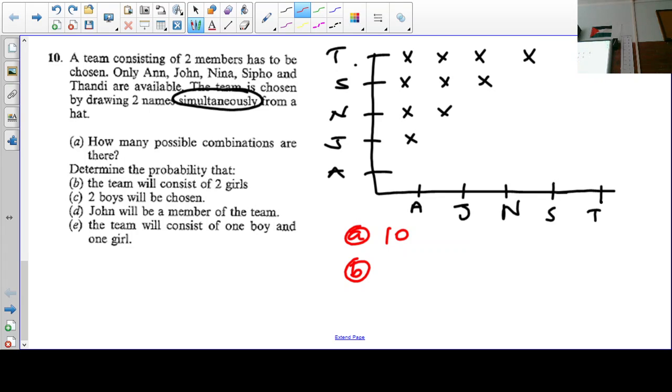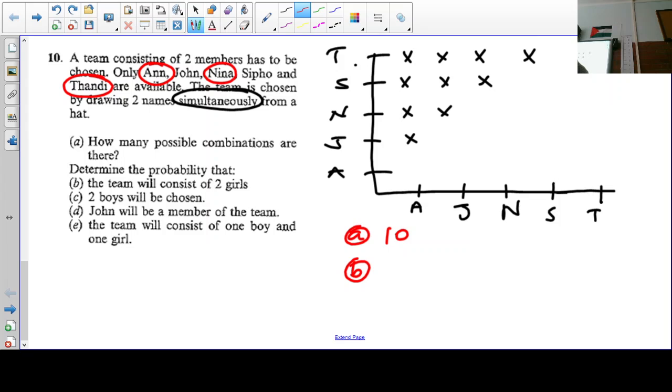Right, determine the probability that the team consists of 2 girls. So we see 2 girls, and Nena and Tandi, they are the 3 girls. Not so? The team consists of 2 girls.